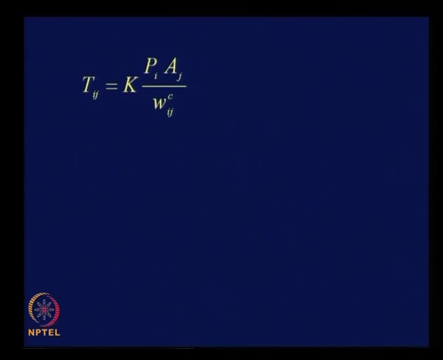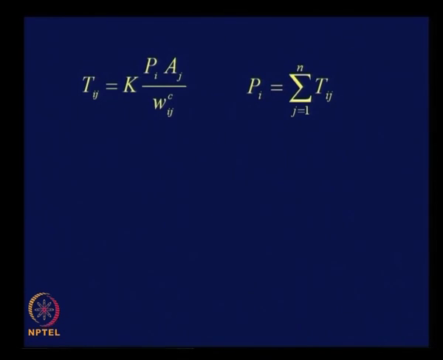K is the proportionality constant as we had in the earlier equation also, and we modified this equation by introducing a constraint related to trip production.